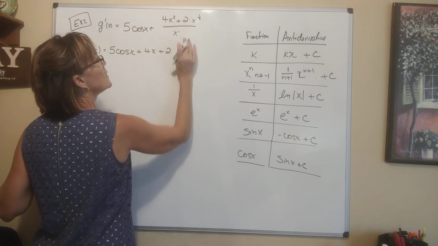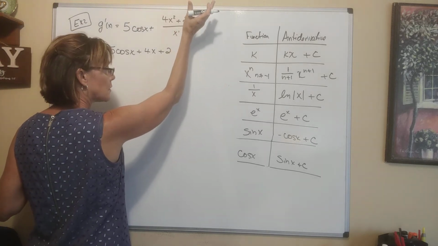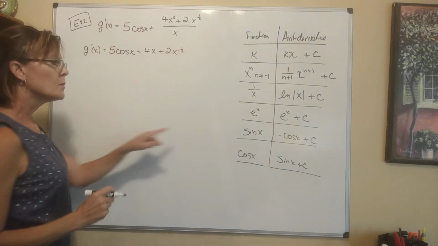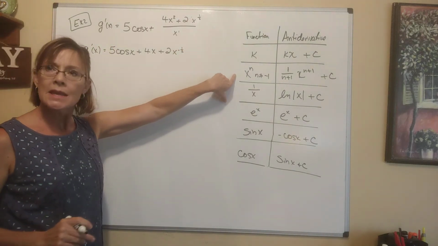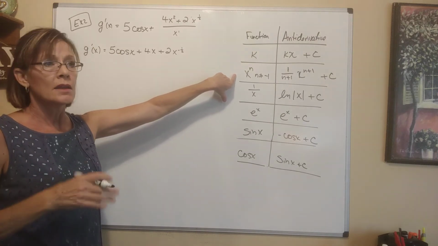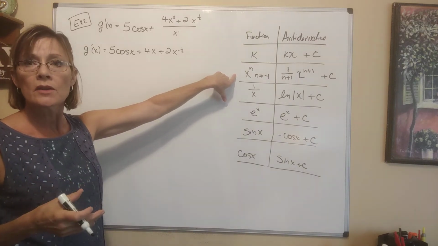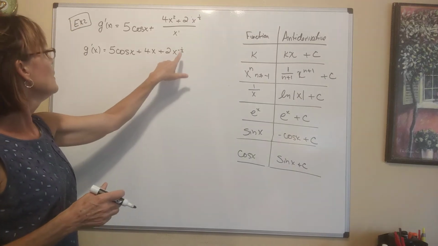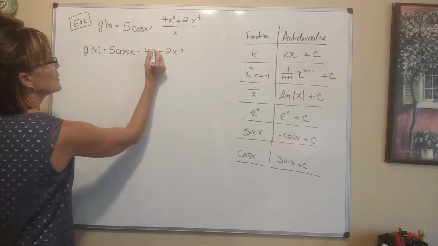And this is x to the 1, but when it crosses the fraction bar, it becomes a negative 1, so this will be 2x to the negative 1/2. The power rule is so awesome. As long as n is not negative 1, it doesn't matter if it's a fraction or square root or something, this rule applies. So we can use the power rule here, and cosine, we have figured that out.